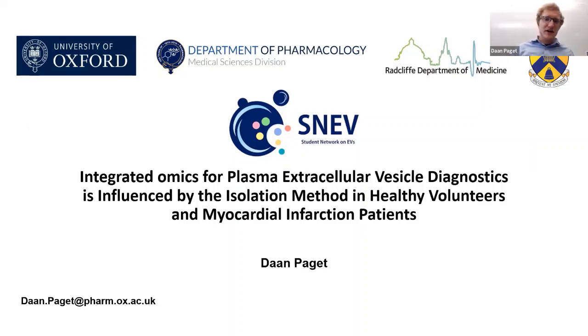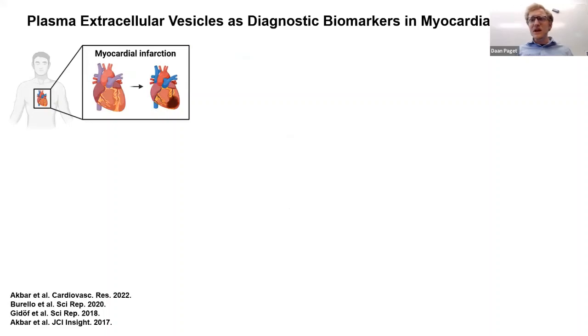So to get started, for the people that are not in cardiovascular medicine, a myocardial infarction, also known as a heart attack, is essentially caused by an atherosclerotic plaque that ruptures and then causes an occlusion in the coronary artery, which then leads to ischemic damage to the heart, and then leads to a large inflammatory process.